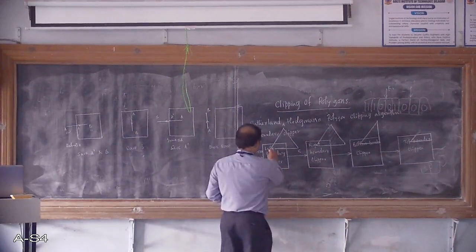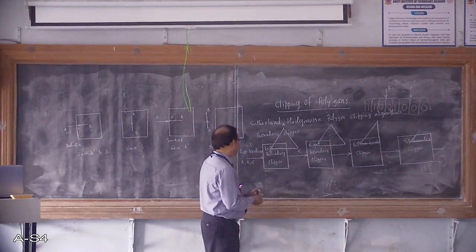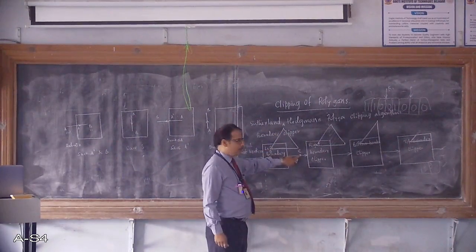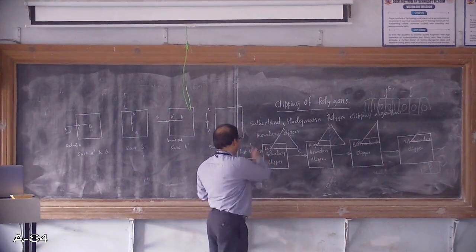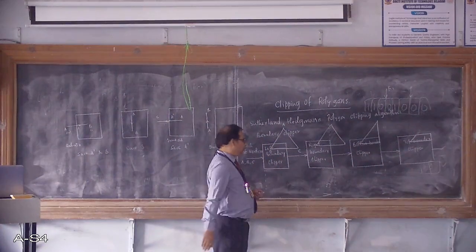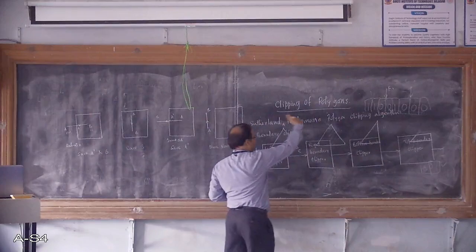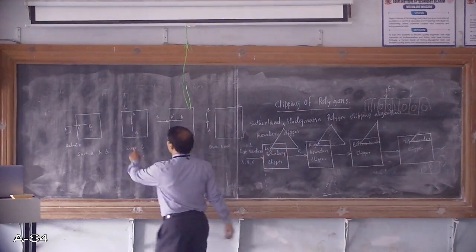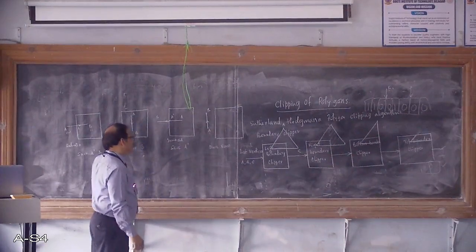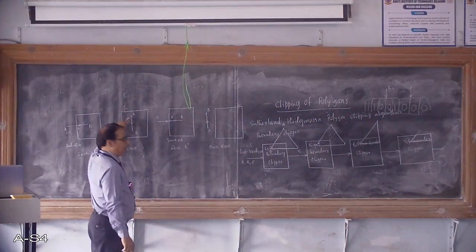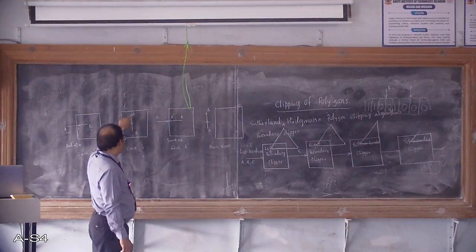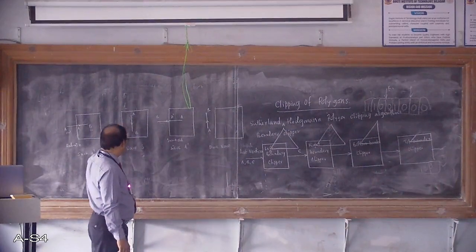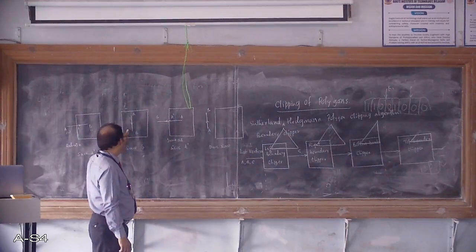Now as far as the left boundary clipper is considered, all these three vertices A, B, C are lying to the right of this left boundary clipper. That means they are within the clipping window, and hence we will be applying the second rule, because this corresponds to a case in which the two vertices of the edge are inside the clipping window.